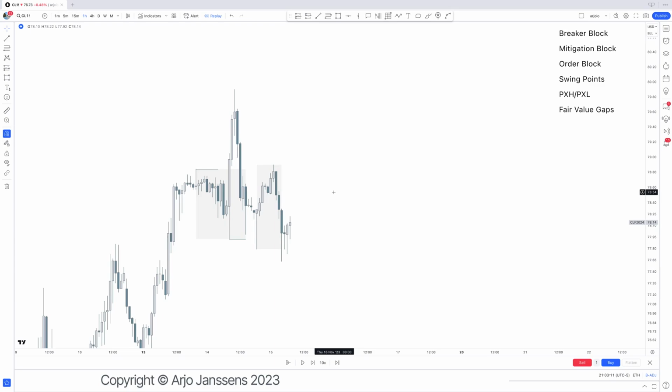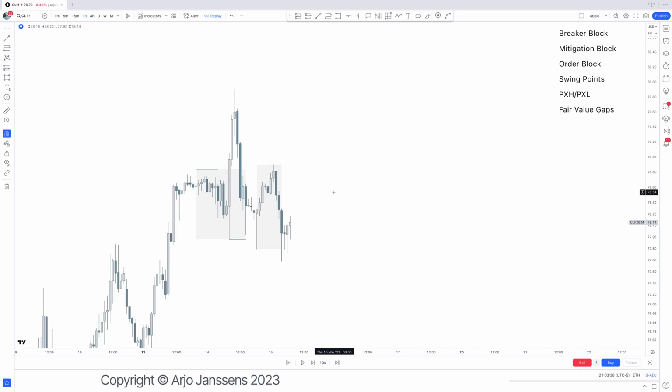So don't force the idea that there absolutely needs to be a clear breaker block before we get a mitigation block, otherwise the setup is not valid. No, don't do that. So if there is a breaker block, just visually, all right, there's some kind of a breaker block and we have a mitigation block, perfect. As a general rule of thumb, they go in the right order.